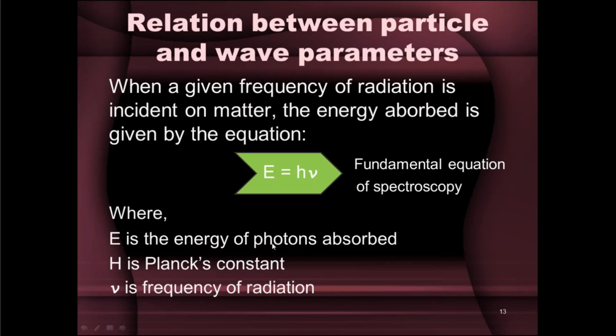What is small h? It is Planck's constant. And what is ν? It is the frequency of radiation, in hertz.